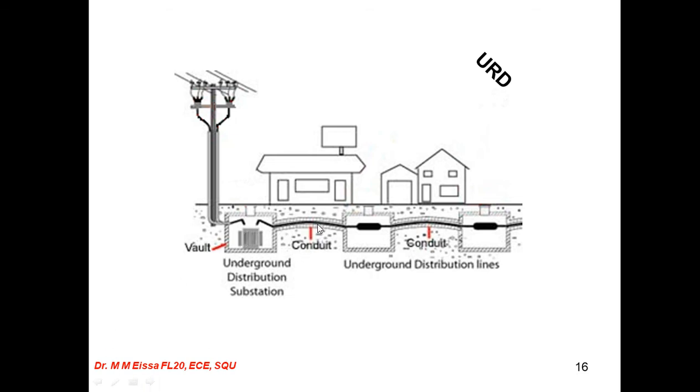Here some cables, here also some cables. So these are underground distribution lines and the whole distribution substation underground, and here is a building. So this is specifically for the smart city. When you prefer to work in the smart city, prepare the underground distribution substation like this design or installation.